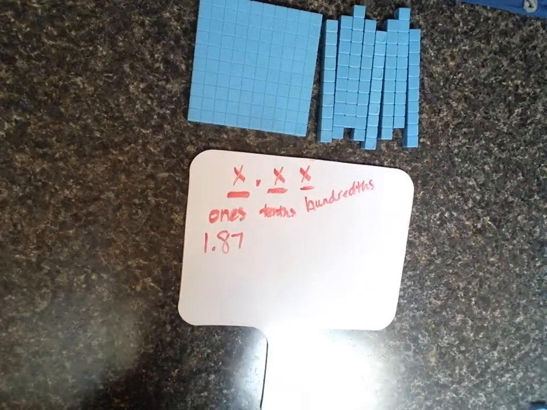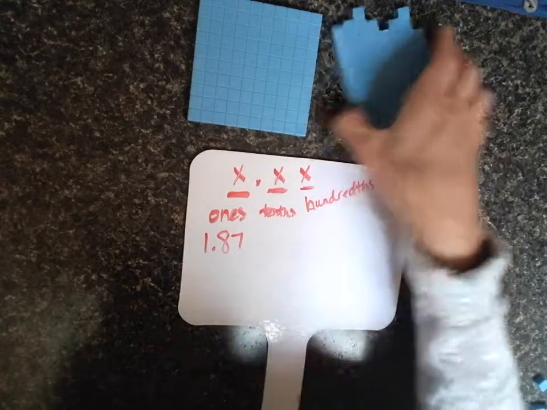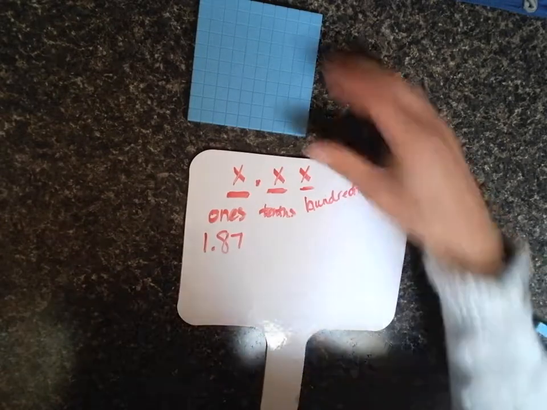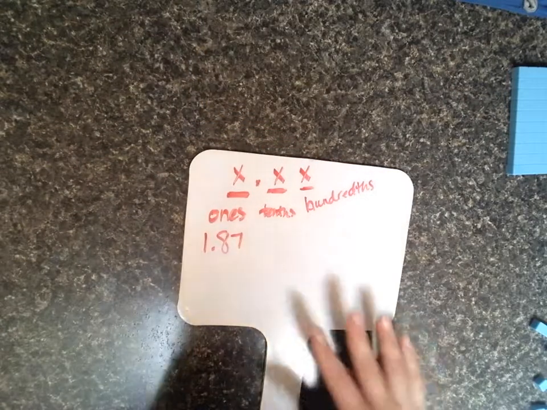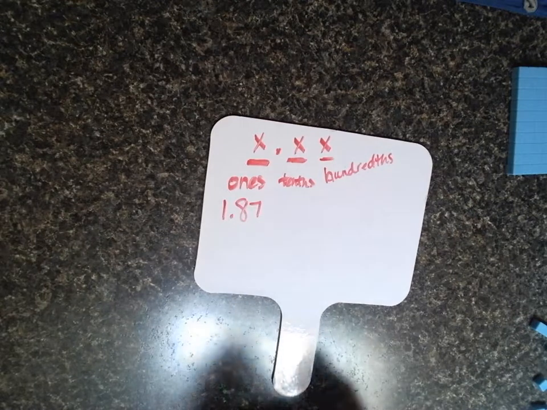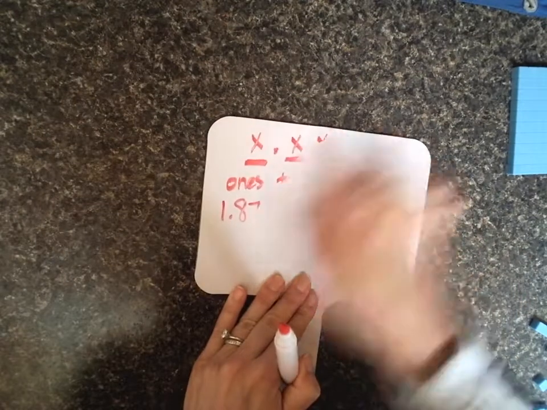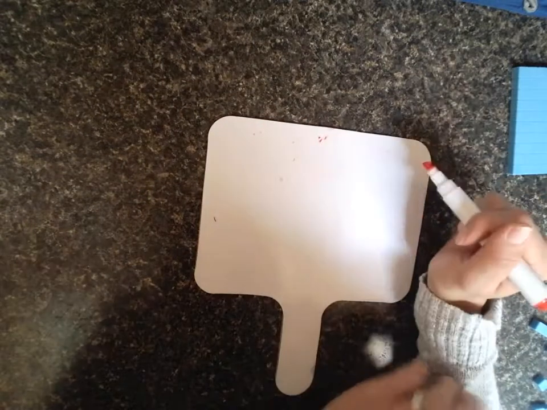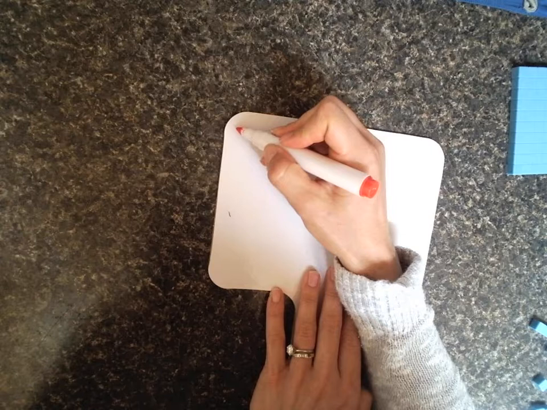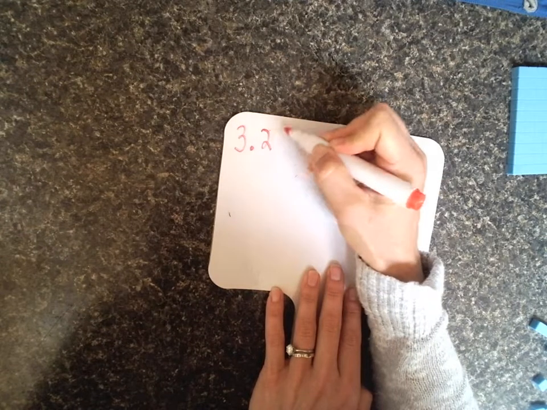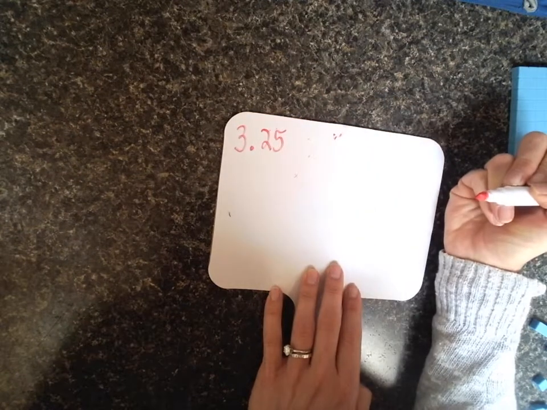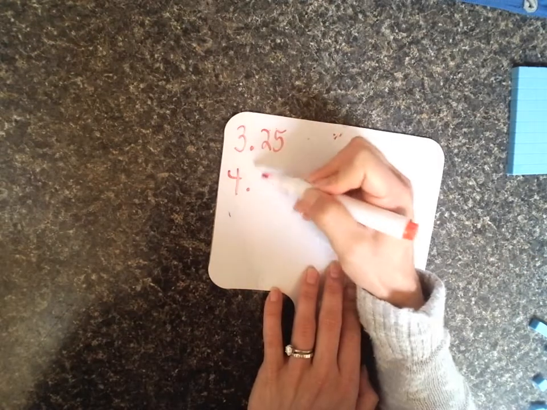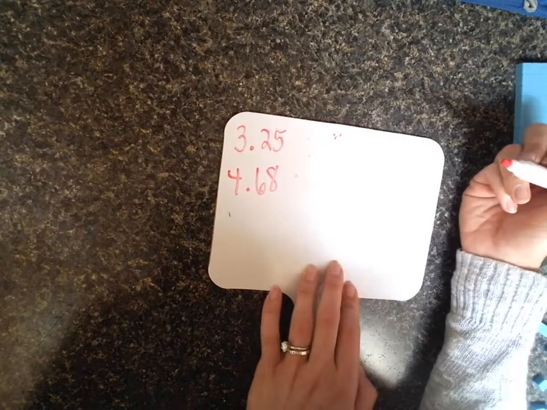So how do we add, you ask? Well, let's take a look at our handout, and I've got a problem on there. Sally's training for a marathon, and in her first week of training she ran 3 and 25 hundredths miles on Tuesday and 4 and 68 hundredths miles on Thursday.